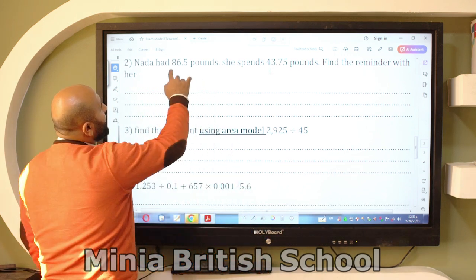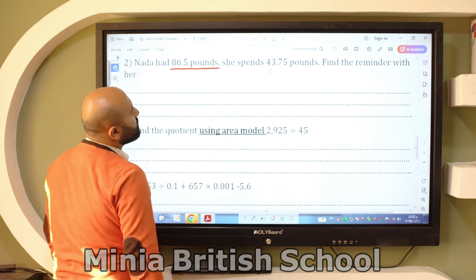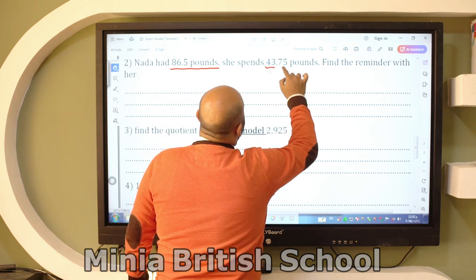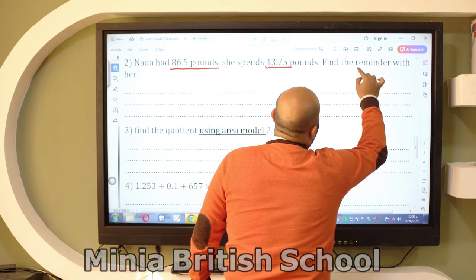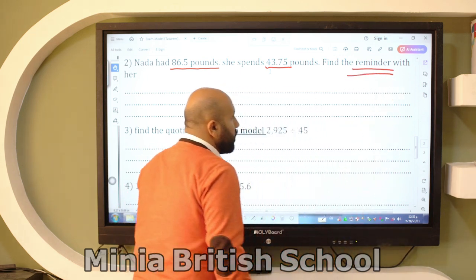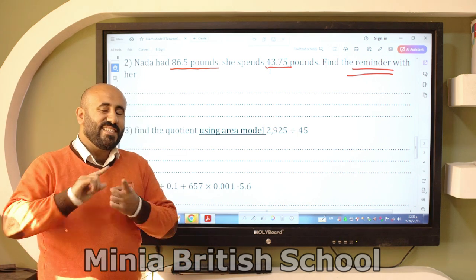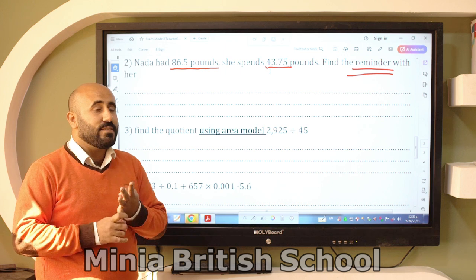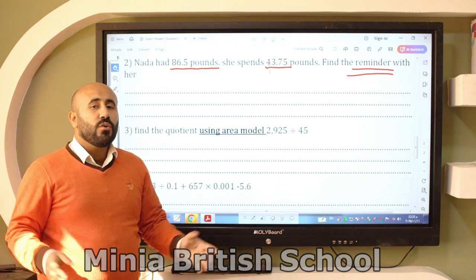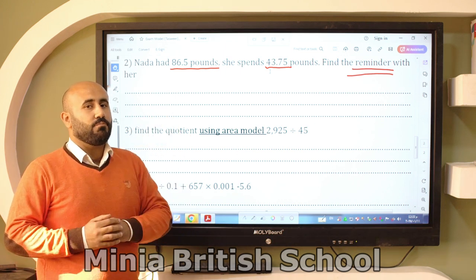Nadia had 86.5 pounds. She spends 43.75 pounds. What is the remainder? And be careful. When I say remainder, what's left, how much more, how much less, difference, all of those are keywords for the subtraction.